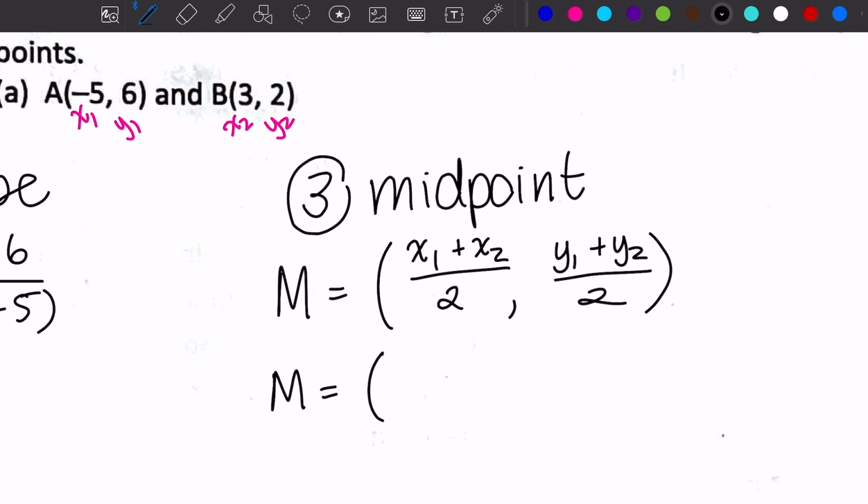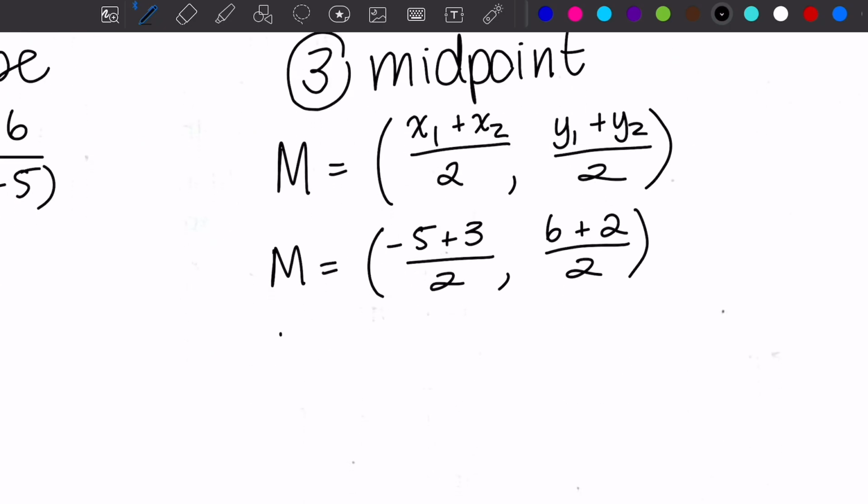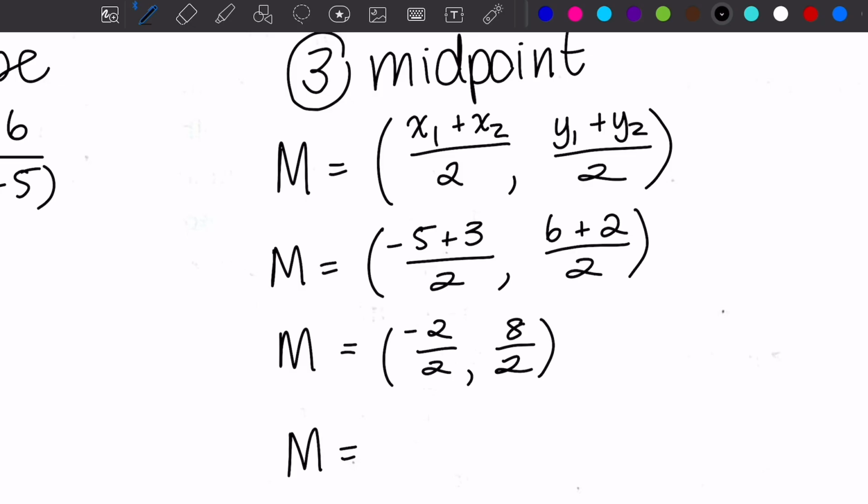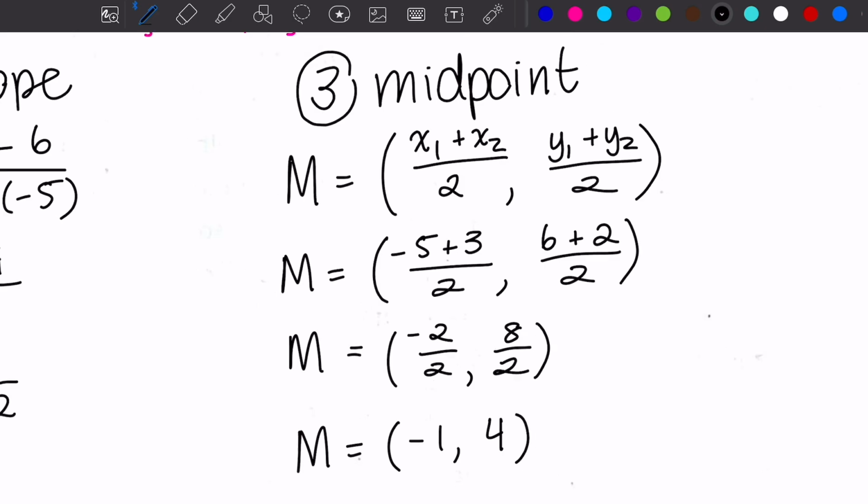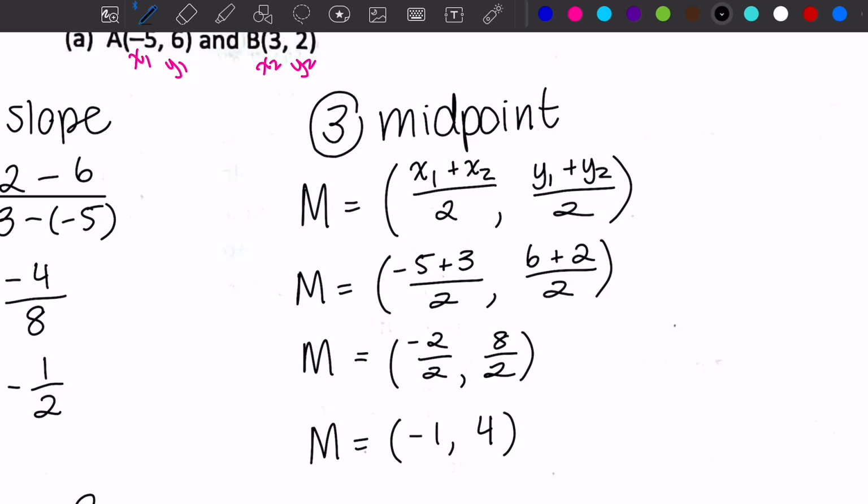My x values added together: negative 5 plus 3, and then 6 plus 2 for my y's. So negative 5 plus 3 is negative 2 over 2, and 6 plus 2 is 8 over 2, which altogether is negative 1, 4. So that's the point that this perpendicular line is going to go through.